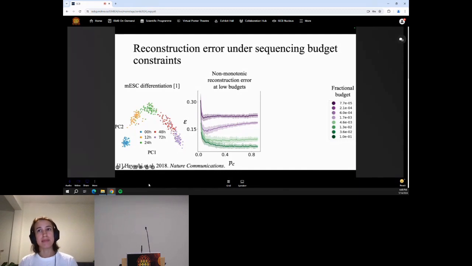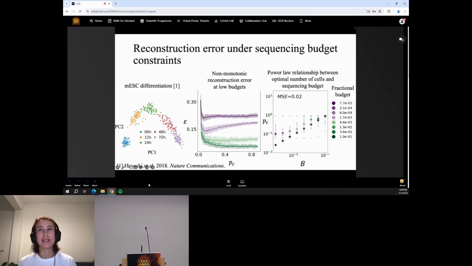At low sequencing budgets, the reconstruction error is non-monotonic as a function of PC and is minimized at small sampled cell fractions. For example, in pink, we show the breadth-depth trade-off for a budget of 60K reads, where the reconstruction error is minimized when sampling 60 cells with 1,000 reads per cell on average.